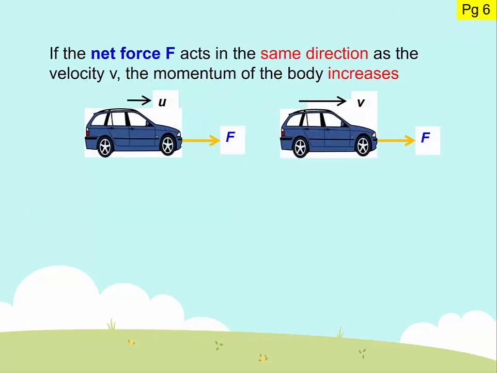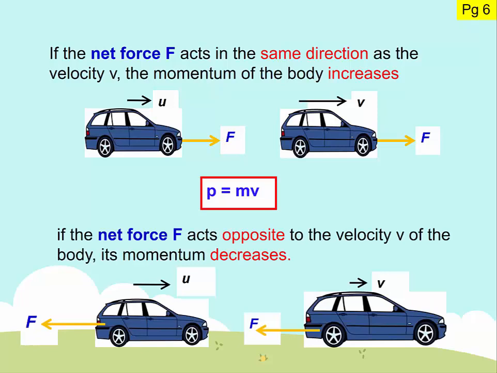Now let's look at page 6. If a net force acts in the same direction as the velocity, it will accelerate the car. We learned in kinematics, the force is in the same direction as v, so it will accelerate. So v increases, therefore momentum increases because momentum is mv.